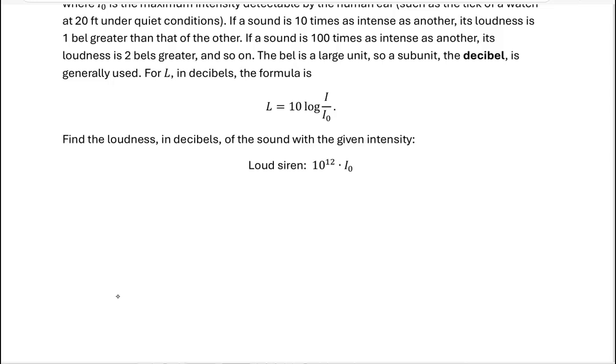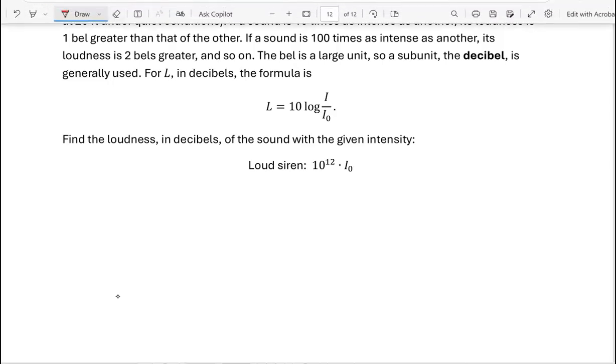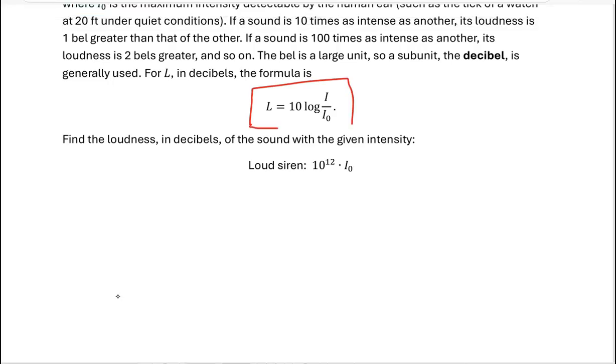And here is the formula for that right here. And it's based on this thing called intensity of the sound. And it's usually given as a ratio of some base intensity, compared to a very low baseline sound.